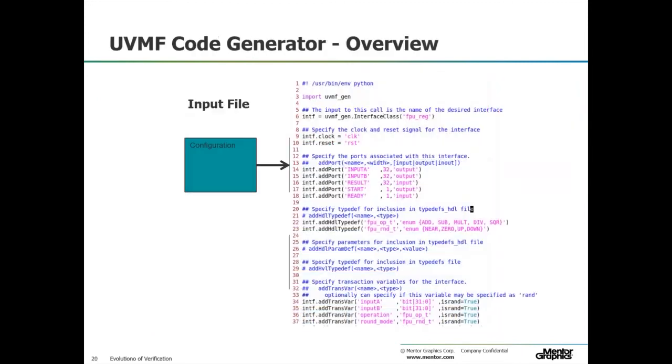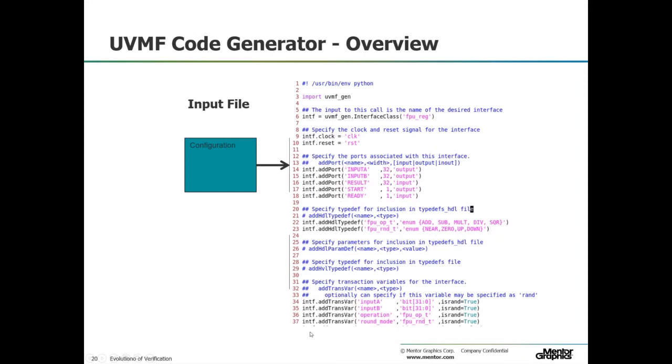And so what we did is we've created this system where instead of creating those 15 files for each of your agents that I showed in the previous slide, you now create a template that basically says, for my FPU interface, register interface, I've got a clock and a reset, I've got these ports that it has, maybe I've got a few variables that I'm going to use.